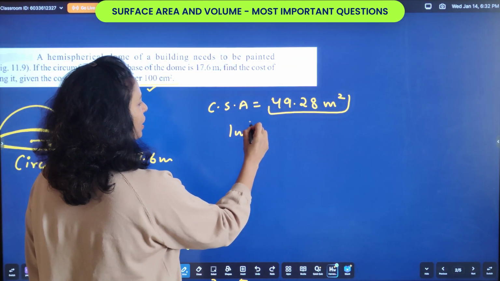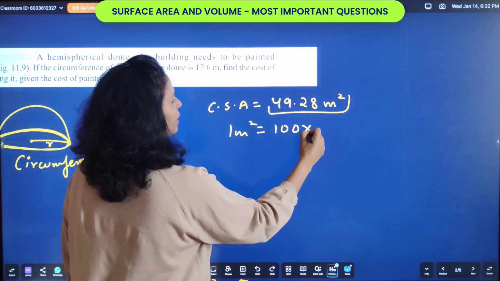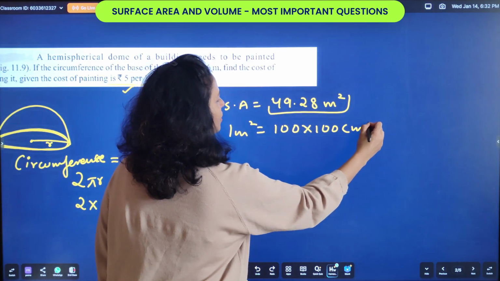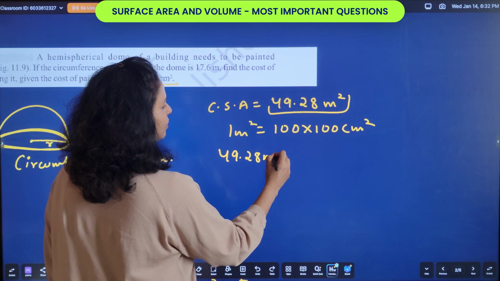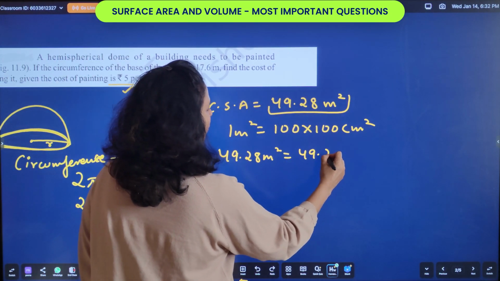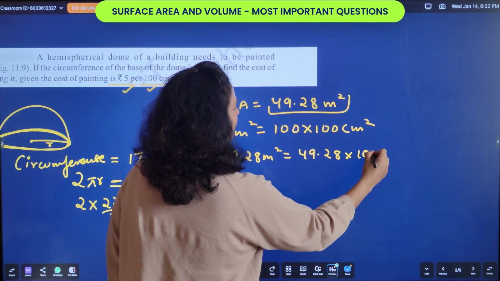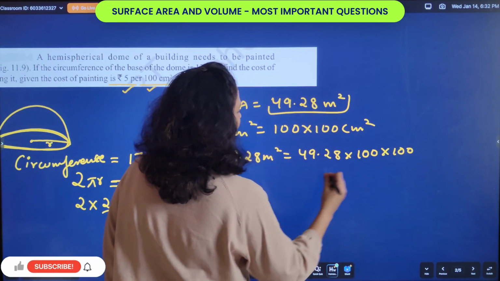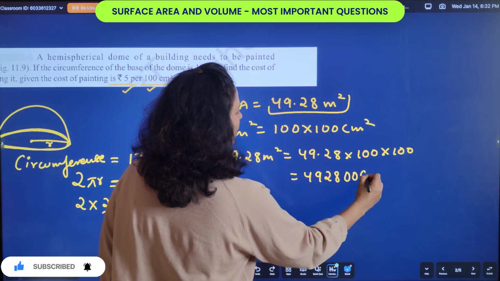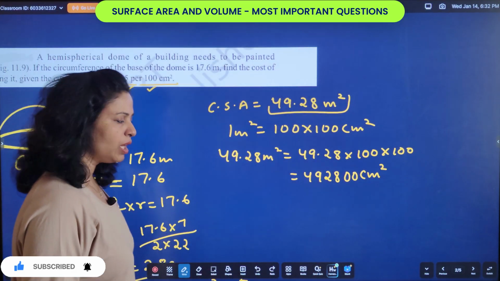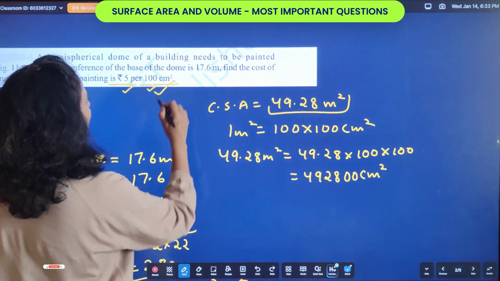See, 1 meter square is 100 into 100 centimeter square. So 49.28 meter square will be 49.28 into 100 into 100. So we will get 492800 centimeter square. Okay. Now we can use the unitary method.